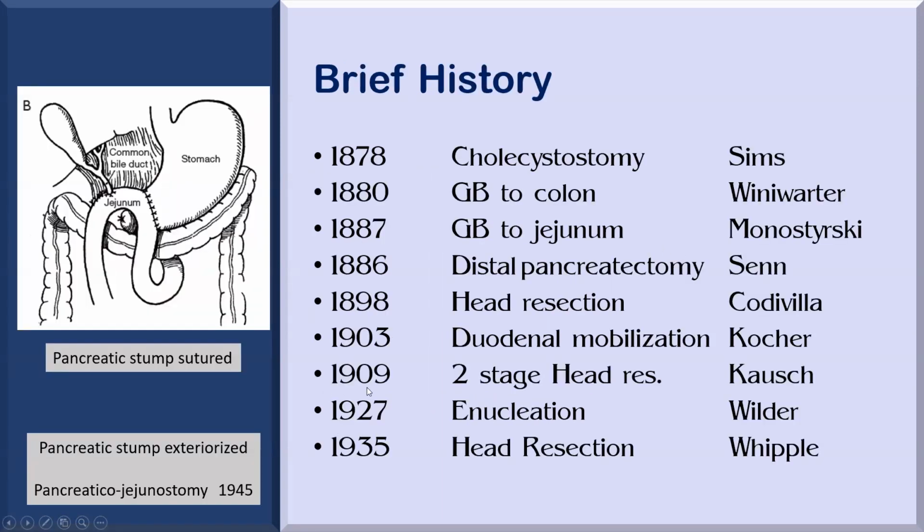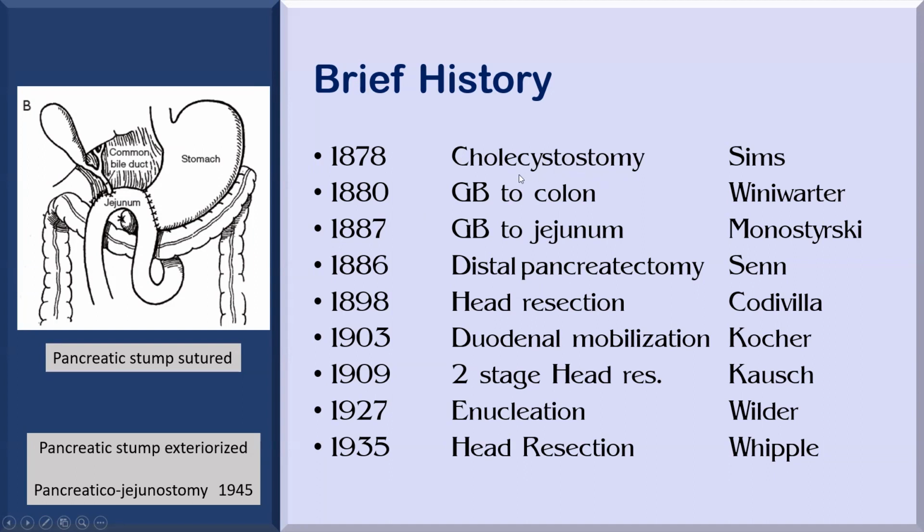See, it's interesting that the beginning of pancreatic surgery was actually through cholecystectomy, right? For stone disease, the first open cholecystectomy was recorded in 1878. And when they couldn't take it out, there was a problem: cholecystostomy, an external drainage of the gallbladder.